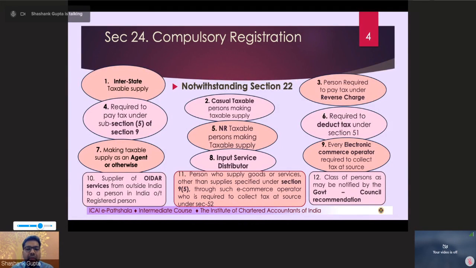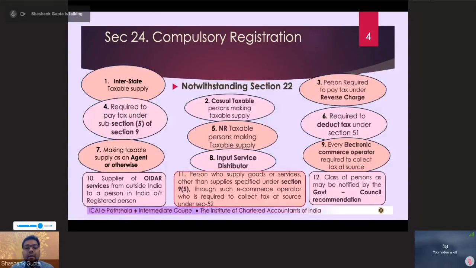They simply remain in the foreign entity capacity, that is, they do not obtain a PAN number in India. Now for such cases, they need to obtain registration under GST as a non-resident taxable person. And any non-resident taxable person is compulsorily required to obtain registration before making any taxable supply.